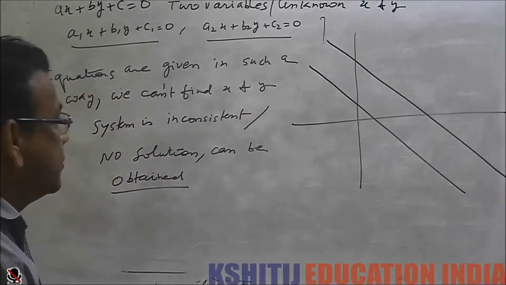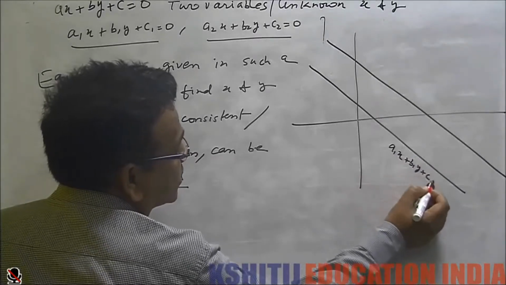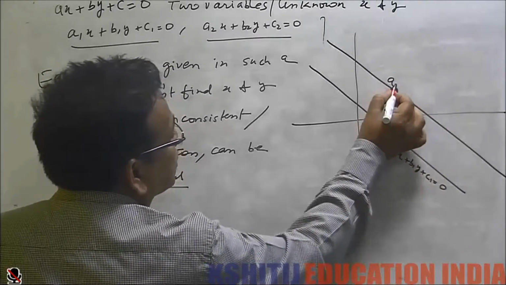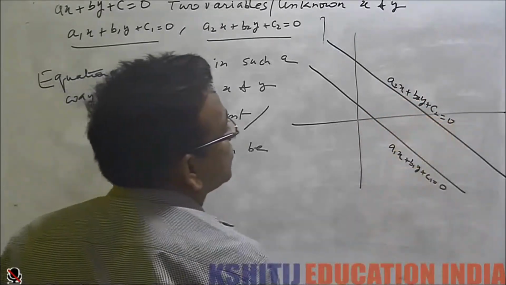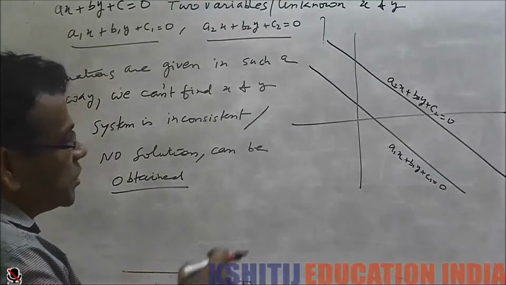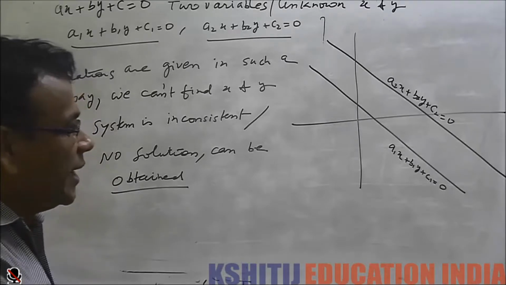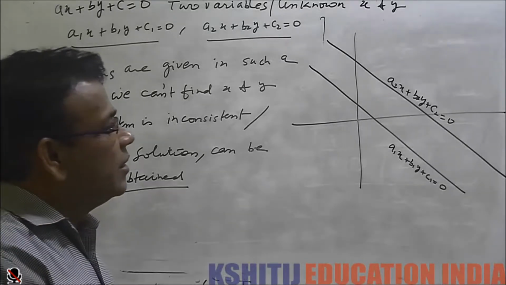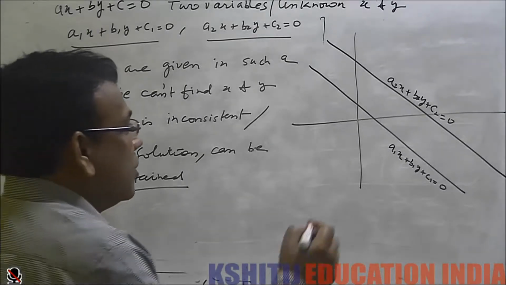Let's say this is a1x plus b1y plus c1 is equal to 0. Another equation is a2x plus b2y plus c2 is equal to 0. So what is happening? If you look at the graph, these two linear equations are not touching each other, not crossing each other. So if that is the case, you would say the solution does not exist. No solution.